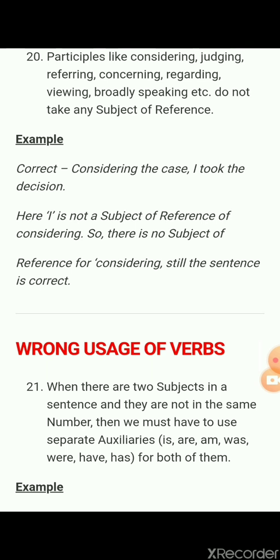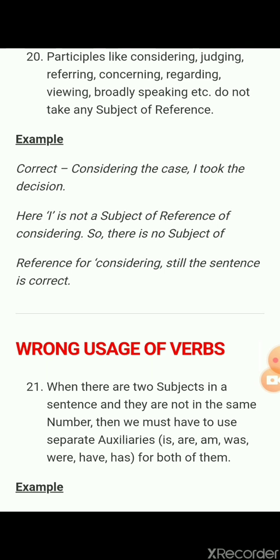That is why it required a subject of reference. But here things are different. Now we are talking about complete verbs with ing, participles, and they don't need any subject. Look at the example: Considering the case, I took the decision. Considering simply came; no subject came before it.